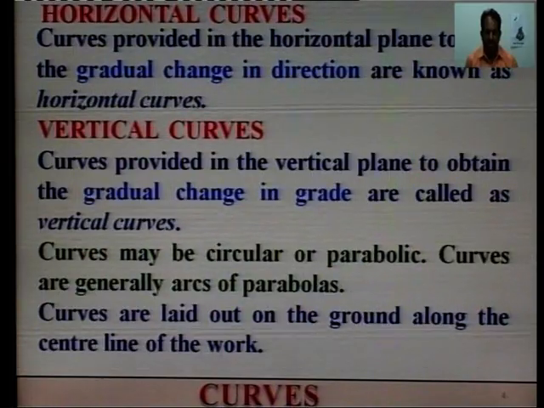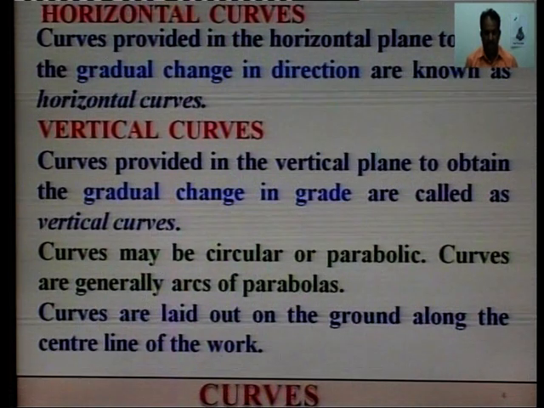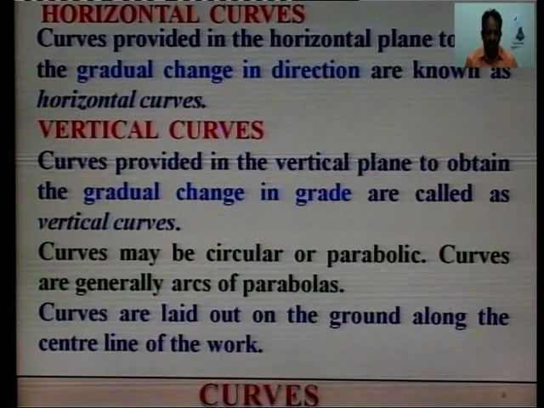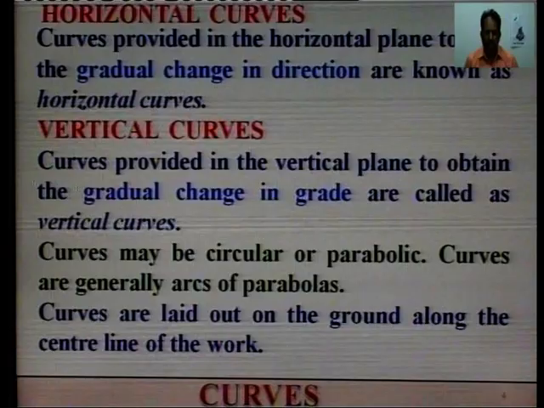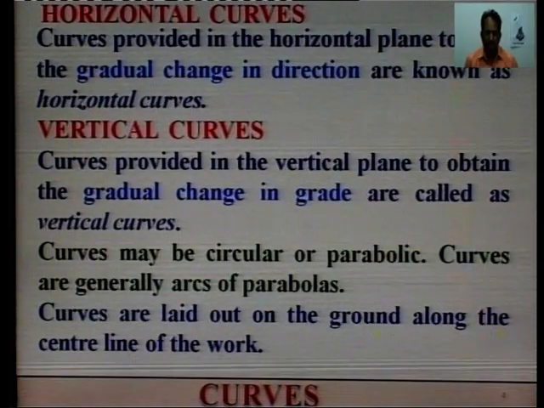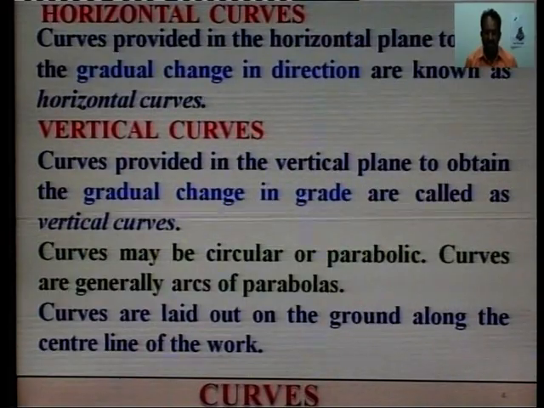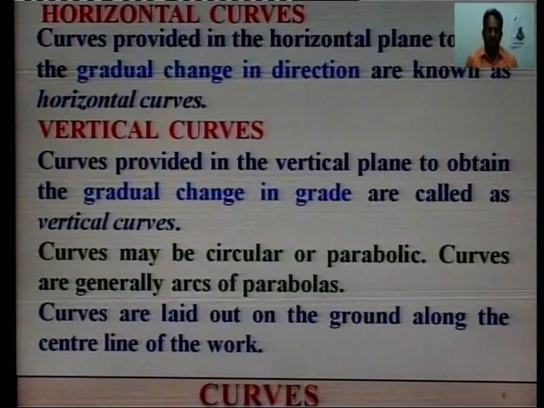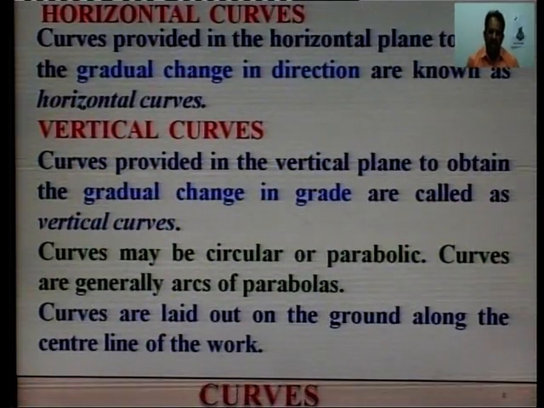Similarly, when curves are provided in the vertical plane to obtain a gradual change in grade, that is, a gradual change in gradient or slope, they are called vertical curves.